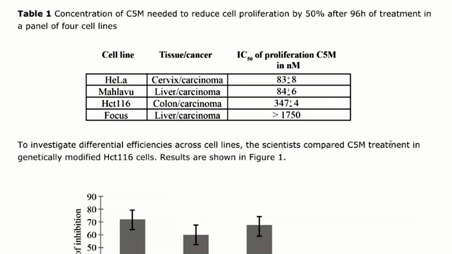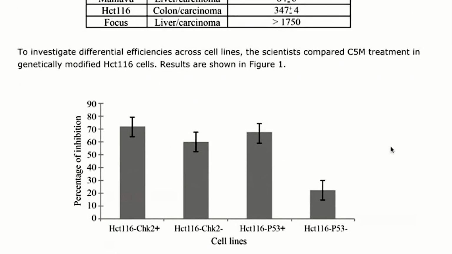And then I have one little nub of writing to investigate differential efficiencies across cell lines. The scientists compared C5M treatment in genetically modified HCT116 cells. Great. So then I just know that I'm being very specific within the HCT lines. And I see this figure giving me exposure of 4 HCT116 cell lines with and without CHK2 and P53 genes.